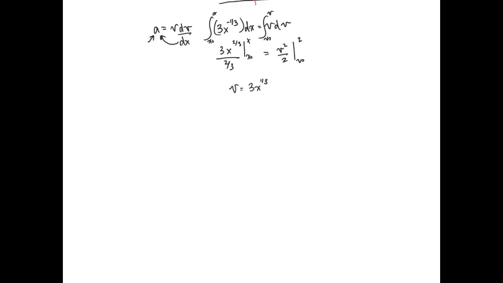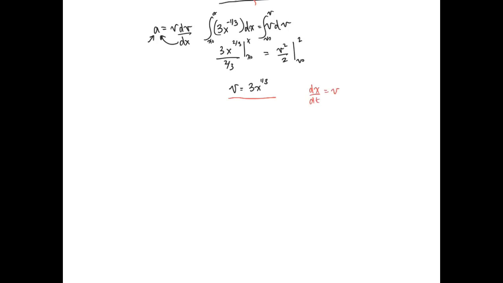Now, the question was asking us the car's acceleration when t is equal to 4 seconds. This equation doesn't have any information about t. There's no t variable in this equation. So we have to figure out how to include it. And how would we do that? Well, we know that dx over dt is equal to v.